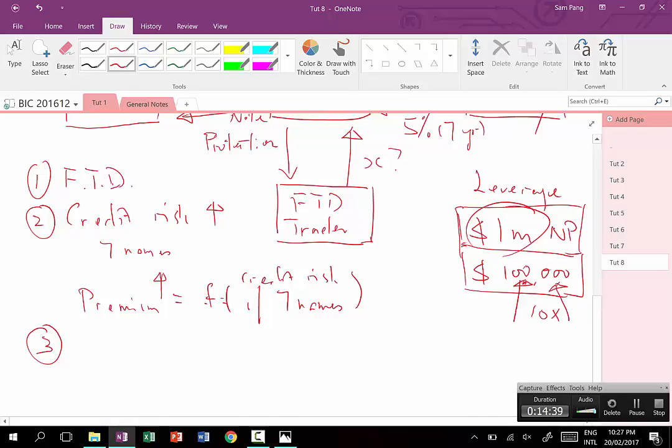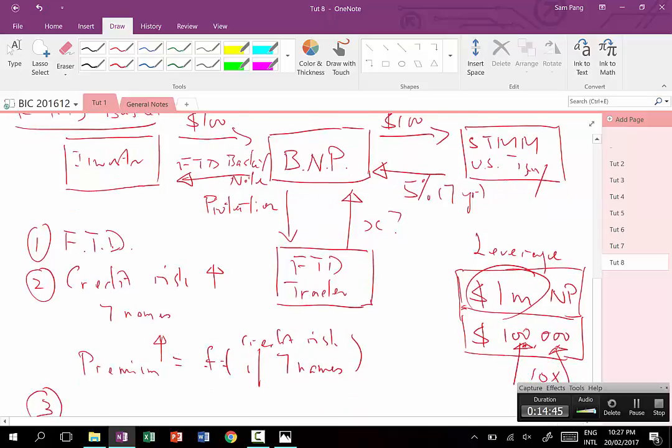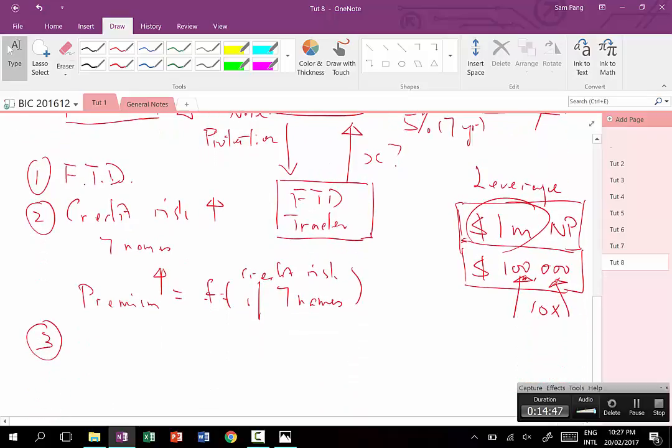Now here's the rather subtle point with this first to default basket. So your risk has gone up, and therefore your return also goes up.